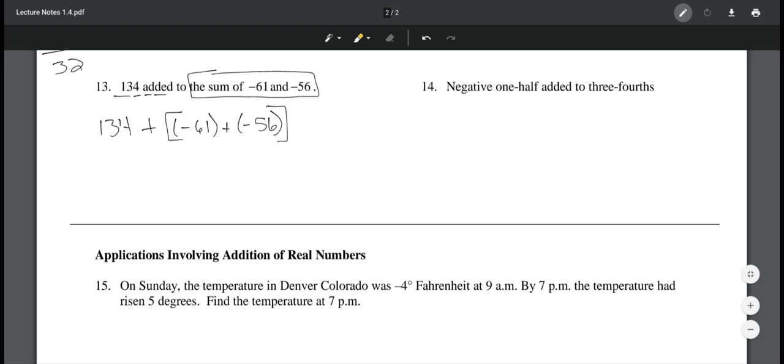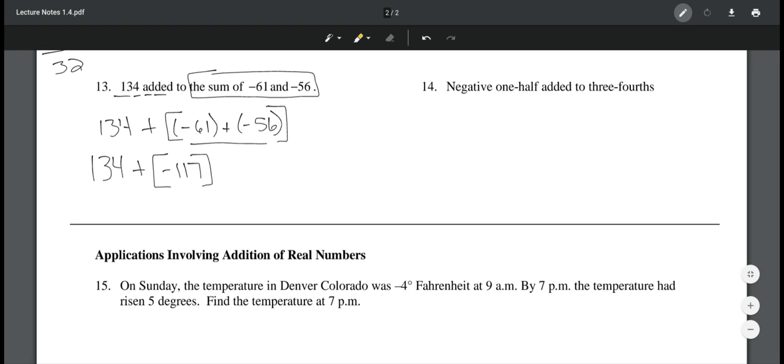Parentheses, or the group, first. So we're going to take these two numbers and add them together because they have the same sign. So 134 plus negative 117. That's what you get when you add negative 61 to negative 56.